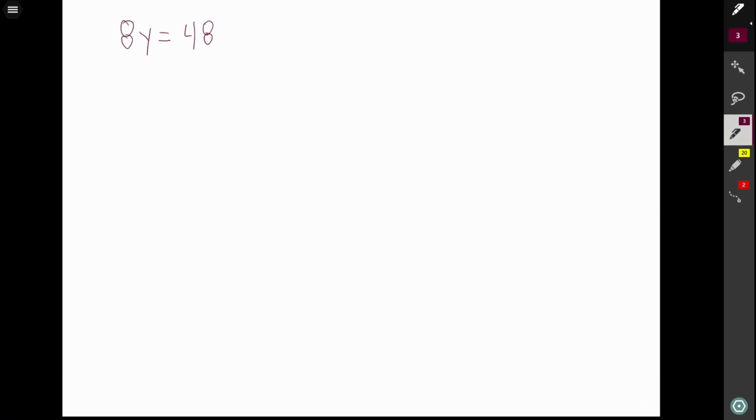The inverse operation would be basically its opposite. The opposite of multiplication would be division. So we simply just divide by this same number, and this becomes 1. And 1y is the same thing as just y. So these would cancel, but what we do to one side, we must do to the other.